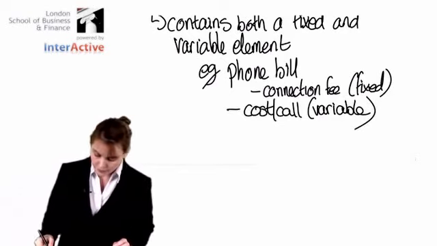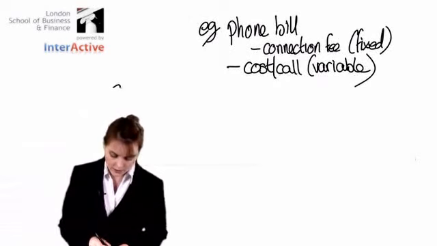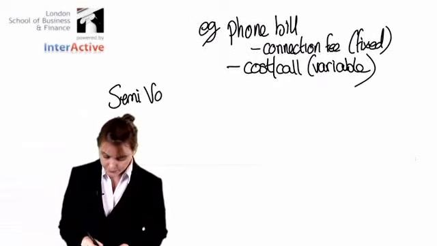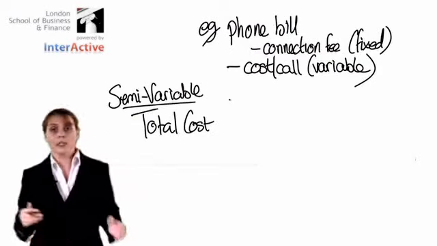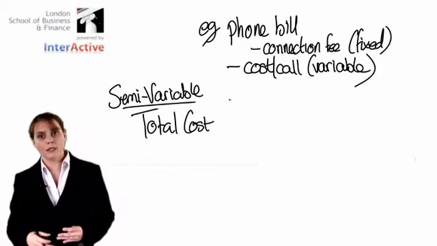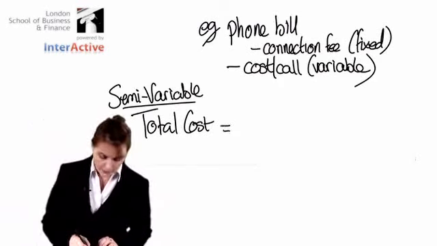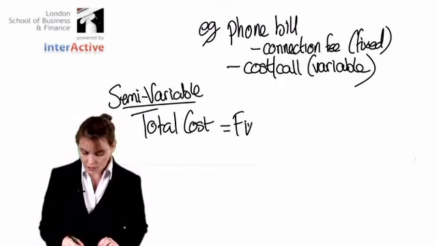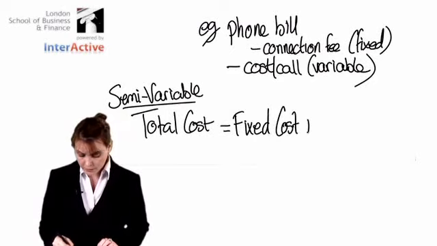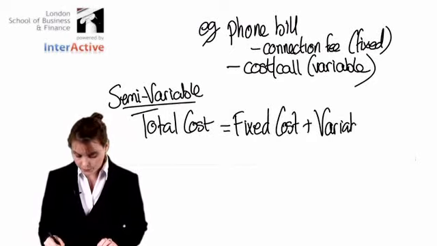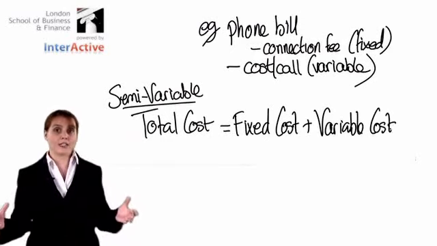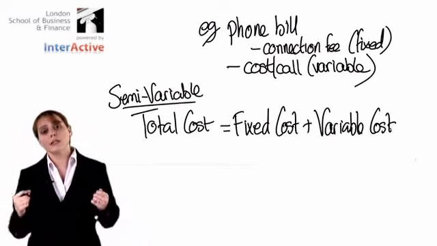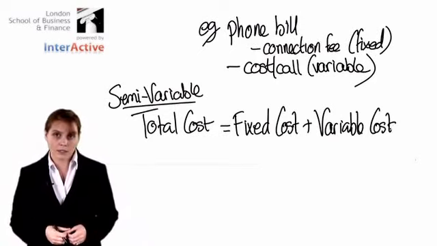Now, another example of a semi-variable cost is total cost. And by that I mean the total cost for a company. The total cost of any company's operation is equal to the fixed costs plus the variable costs. As total cost contains fixed and variable elements, it is a semi-variable cost.